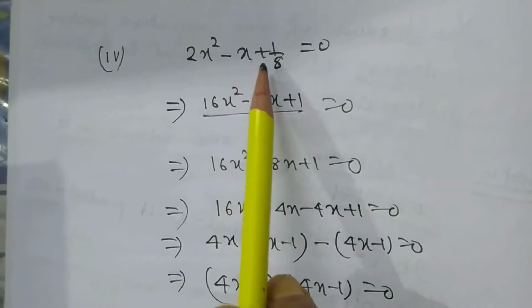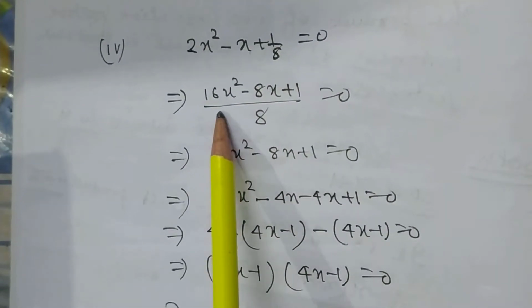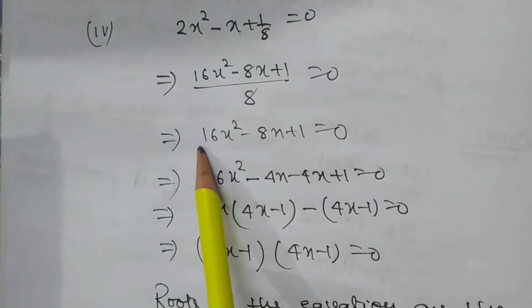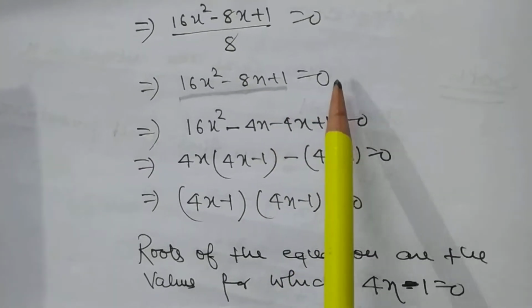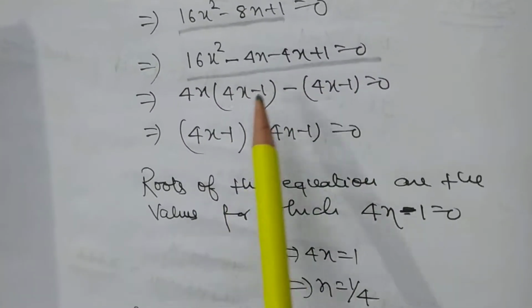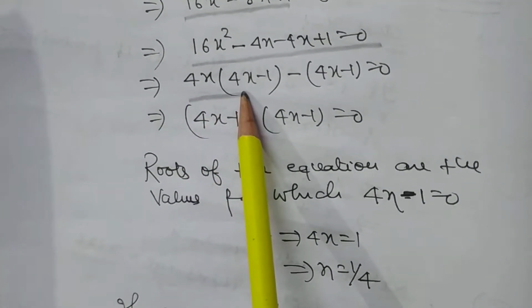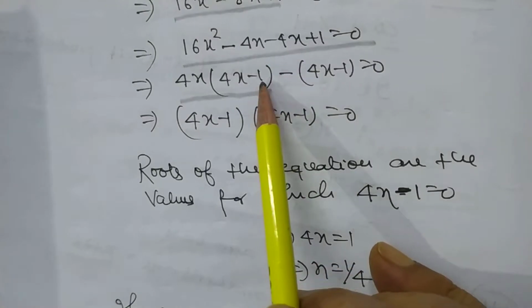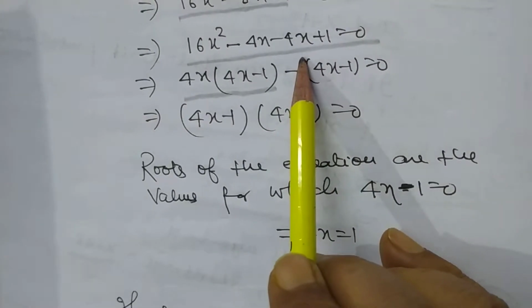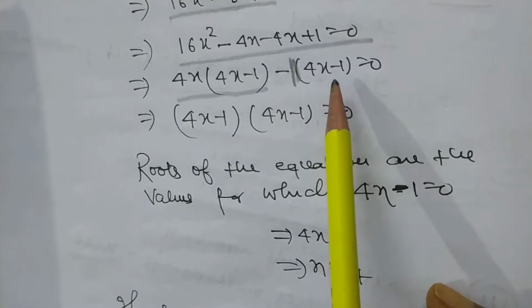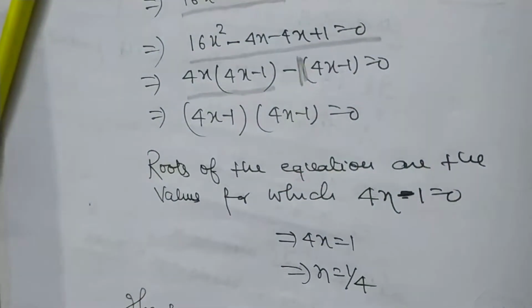2x square minus x plus 1 by 8 is equal to 0. Multiplying by 8, we have 16x square minus 8x plus 1 is equal to 0. Splitting the middle term, 16x square minus 4x minus 4x plus 1 is equal to 0. Now take common 4x, it will be 4x minus 1, and minus 1 common, it will be 4x minus 1.